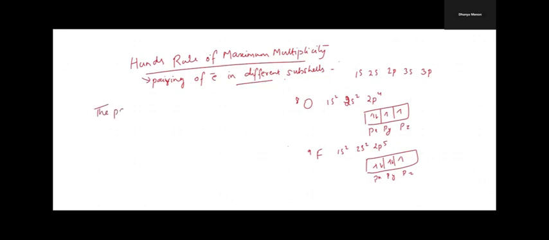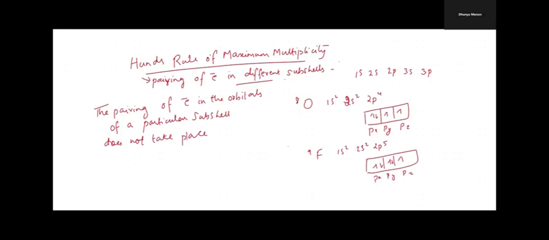of electrons in the orbitals of a particular subshell does not take place until all the orbitals of a subshell are singly occupied.